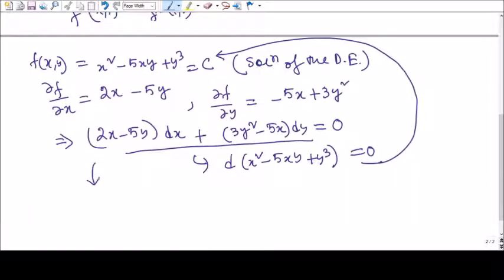So this can be written as M function of x and y dx plus N function of x and y into dy equal to 0.